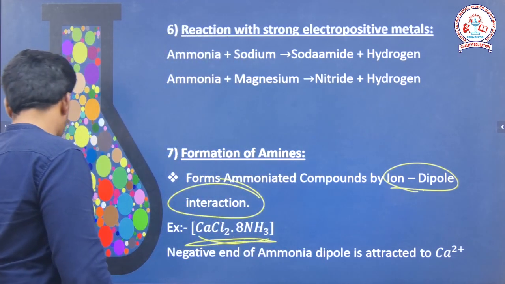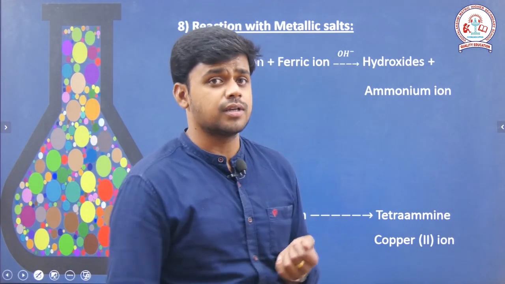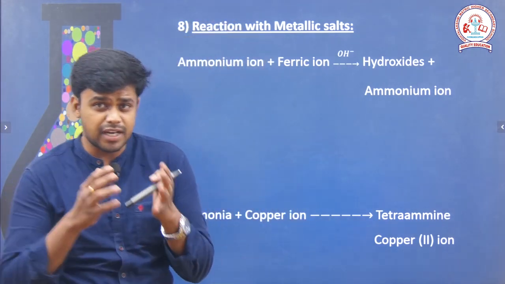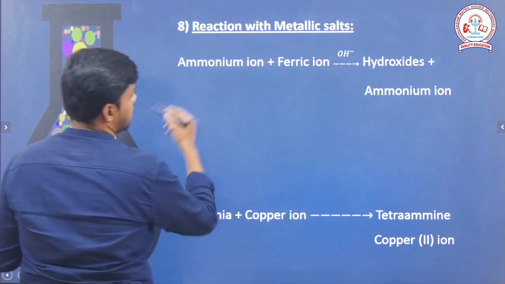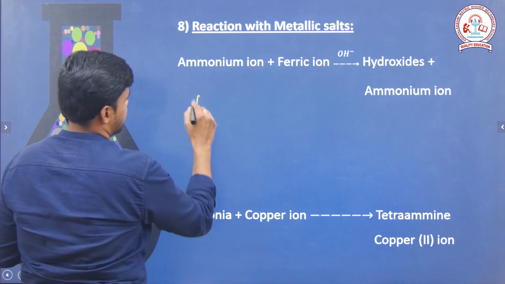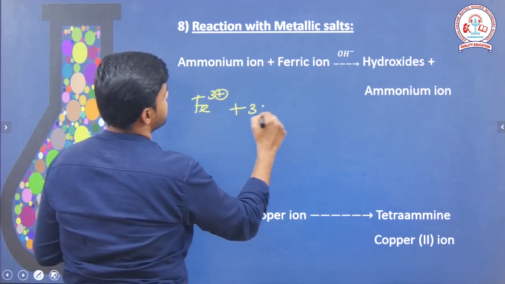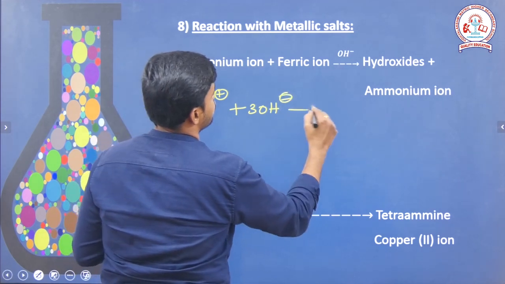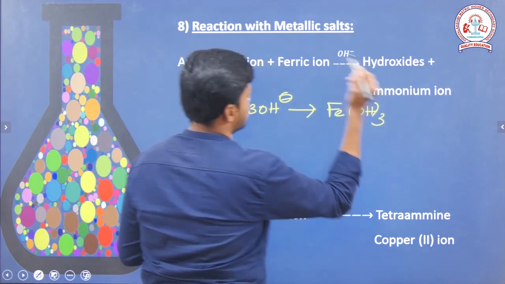Then when it also reacts with the metallic salt. Metallic salt கூட react ஆயிட்டு நமக்கு என்ன ஃபார்ம் ஆகும் அப்படினா hydroxide ஃபார்ம் ஆகும். இப்போ பாருங்க ammonium ion, you will just write direct எழுதலாம் இந்த reaction. Fe3+ reacts with 3OH- to form Fe(OH)3. இதுதான்.